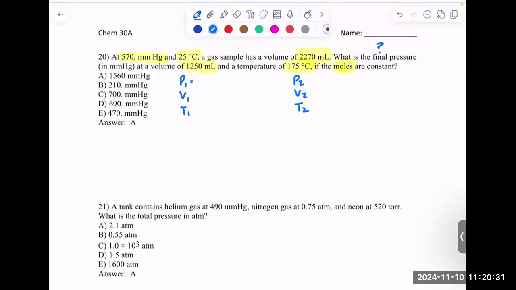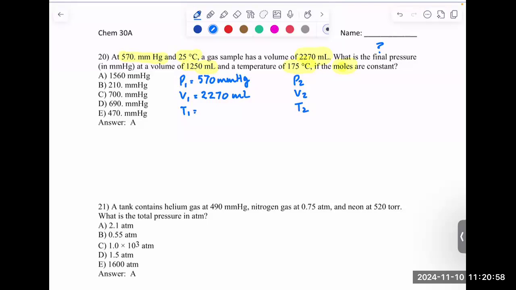P1 is 570 millimeters of mercury. So write down the units, write down the numbers, okay? And next, we are looking at the temperature. Next is V1, V1 is 2270 milliliters, okay?